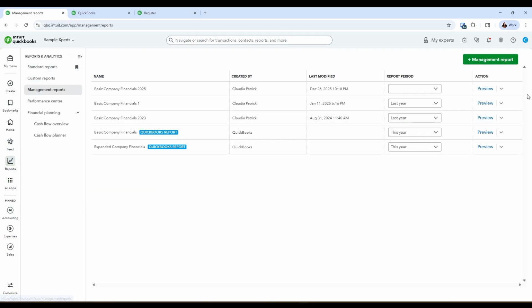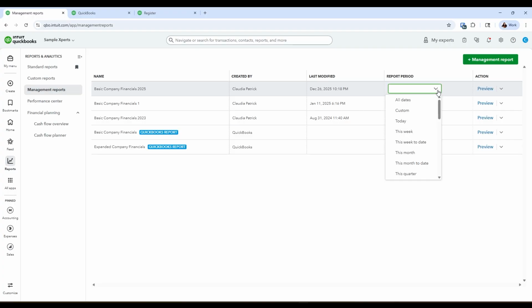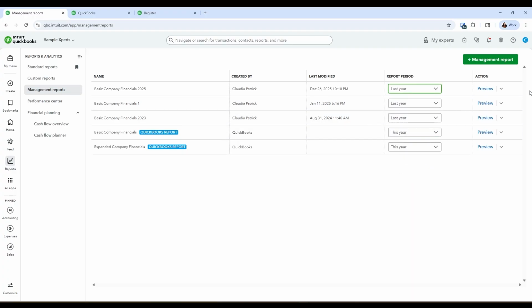Okay, management reports, and you can do a preview. Keep in mind that the reporting period disappears here, so I want to make sure I select it. I'm going to select last fiscal year, or last year if your fiscal year is January through December. And then from here you can preview.